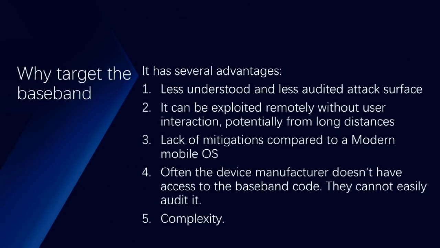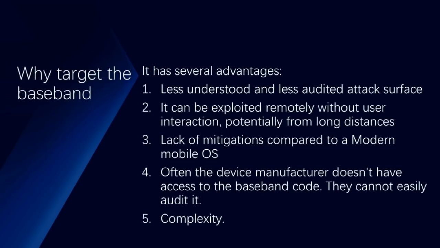So why do we want to target the baseband? There are several reasons which can be an advantage. First, it's a less understood and less audited attack surface. Second, it can be exploited remotely over the air, and potentially you can do it from a very long distance. Because if you think about it, maybe your phone right now is connected to a base station several kilometers from here.